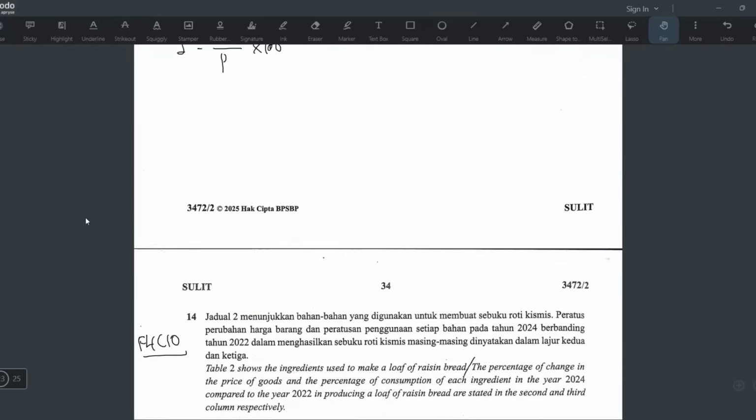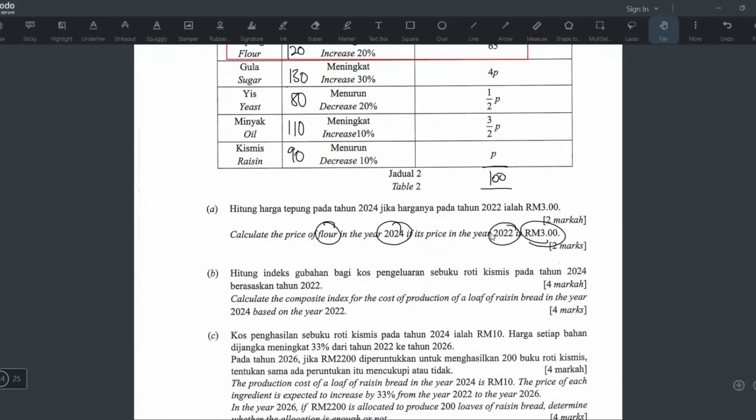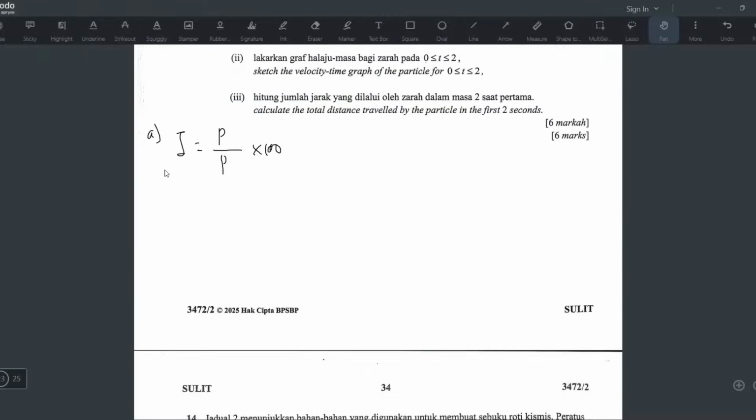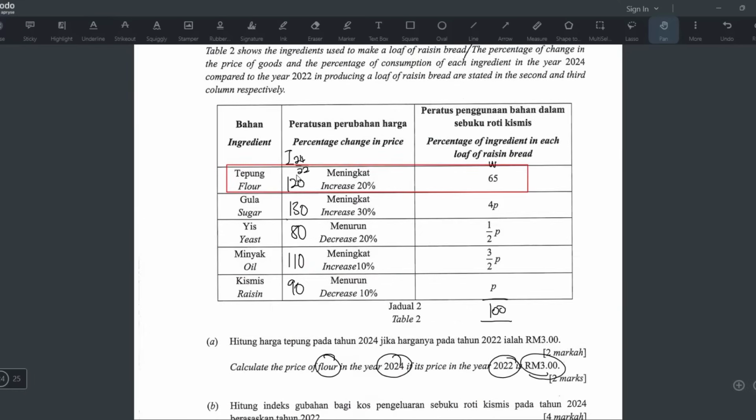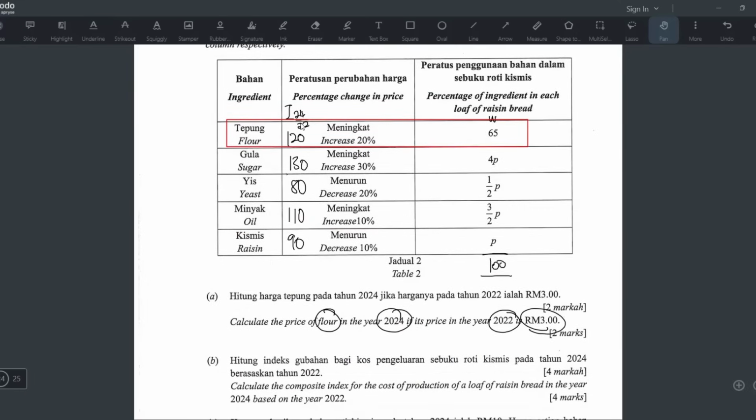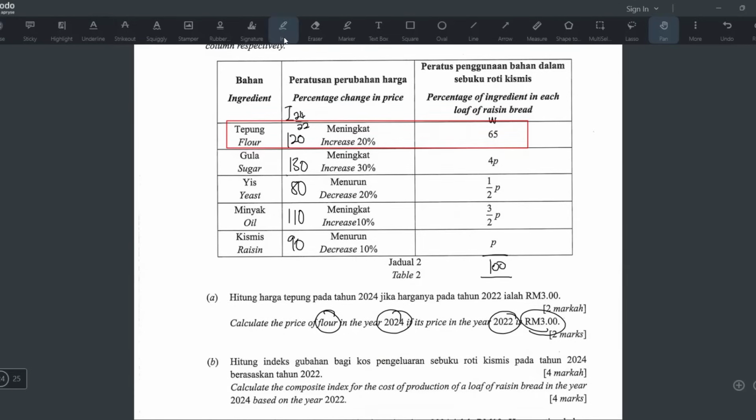But of course, the years have to match, 2024 and 2022, so it'll be 24, 22. And then for the I, that will be the price index also for 24, 22. But you have to double check because there are so many I here, right? So of course you take the I that mentions flour, tepung. So of course you will take 120 lah. Okay, what if they never mention any of these keywords?